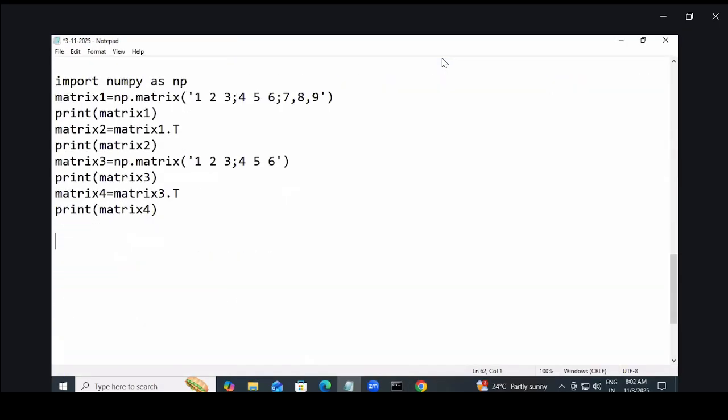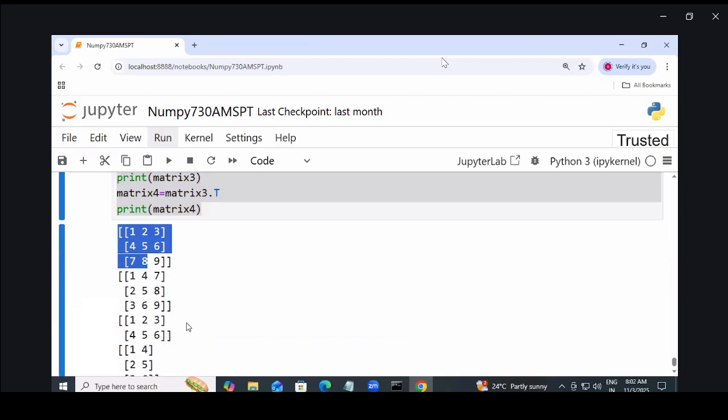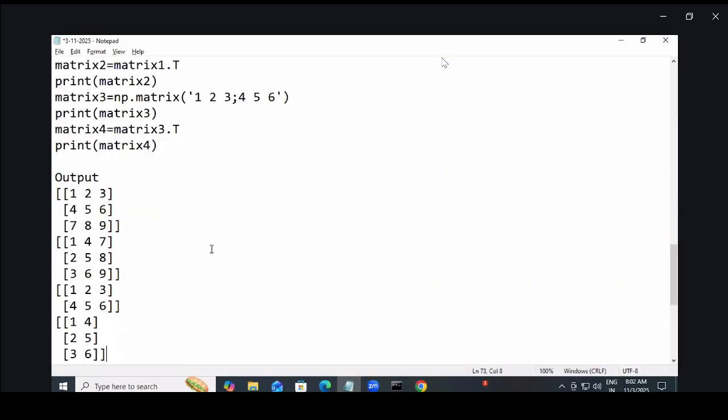And if you want to find the inverse of a matrix, you can use a method called inverse. So you have a method called what? Inverse. The inverse of the matrix you can find out by using inverse.